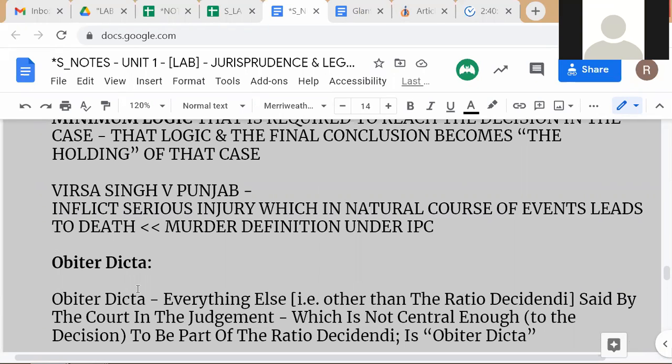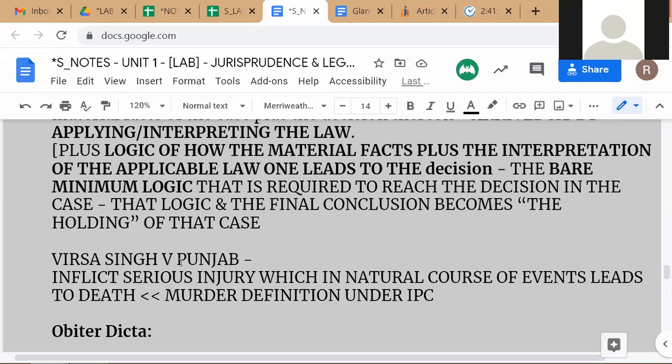He said that if you look at the definition of murder, this part of the definition says that if you inflict a serious enough injury which in the natural course of events will lead to death, that is also going to tantamount to murder.